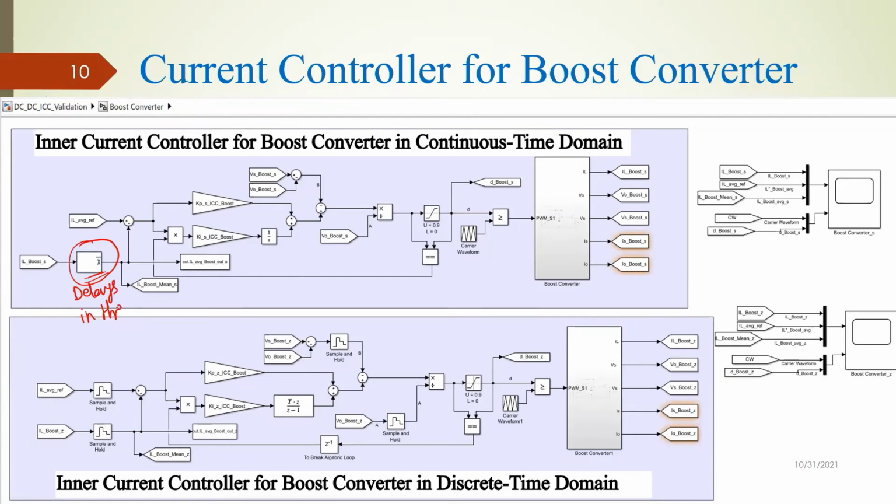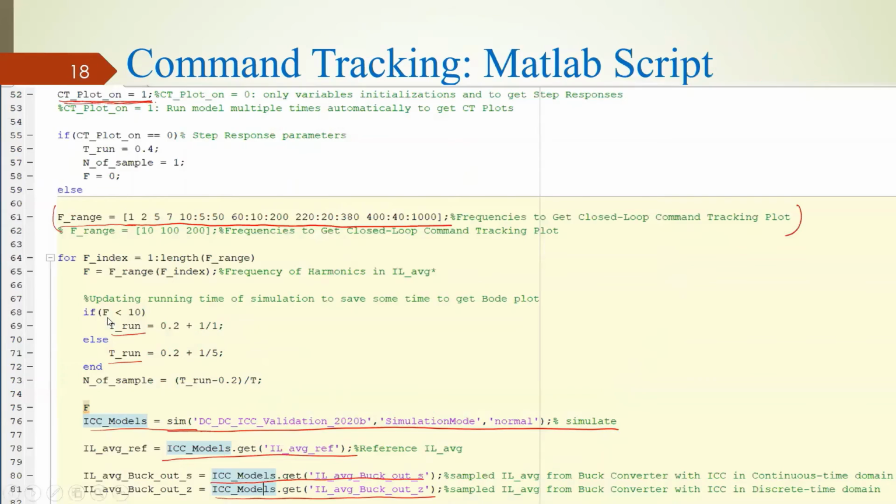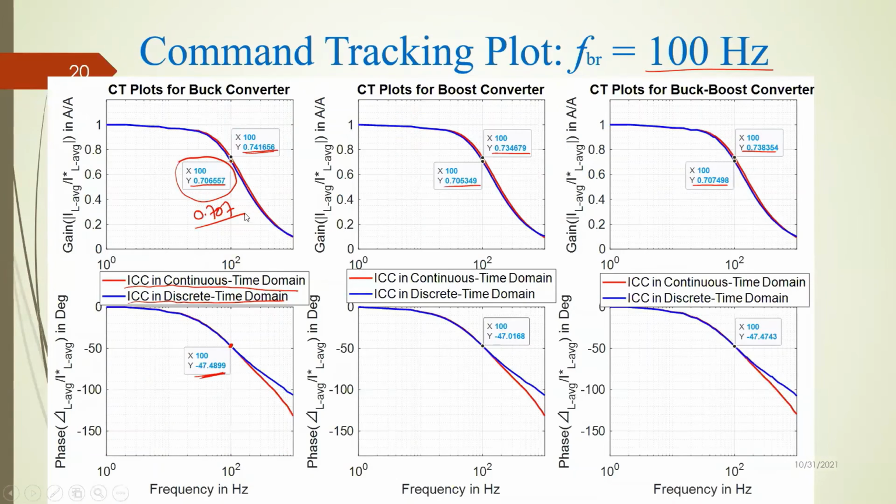In the continuous time implementation, we have used this mean block to compute the average value. You can also use double sampling, that also works. But if you use it like this, then it introduces delays in the system.